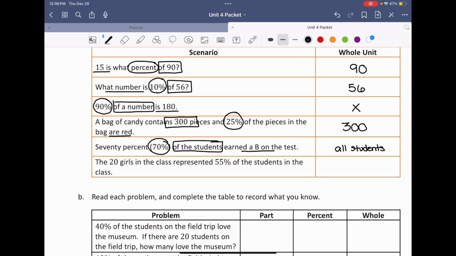So all the students' grades. The 20 girls in the class represented 55% of the students in the class. So again, we're looking at the class as a whole, and then the specific part are the girls. So the part would be the 20 girls, 55%, and the total students in the class would be the whole.